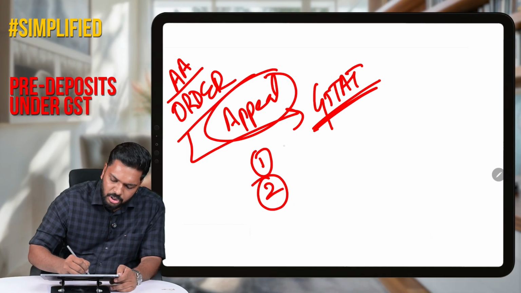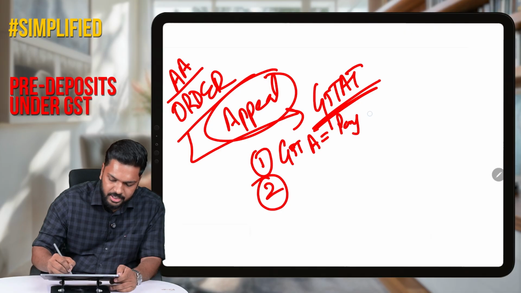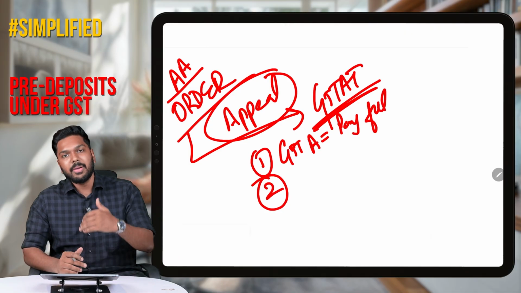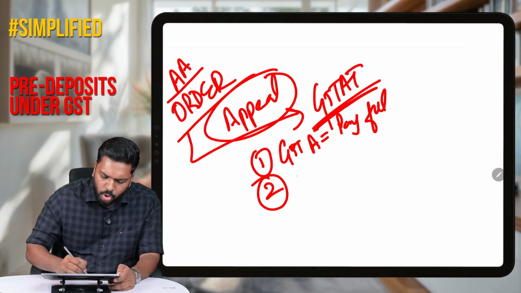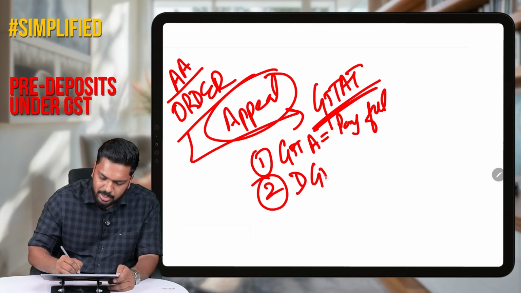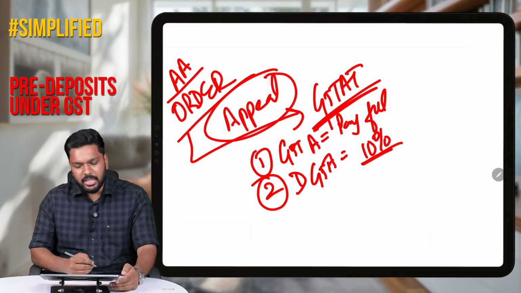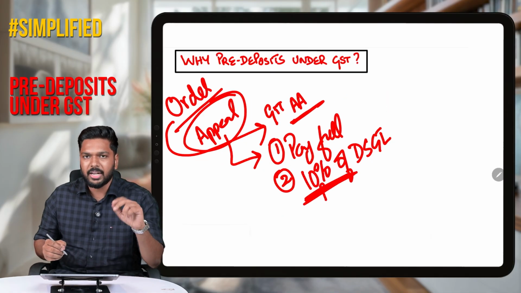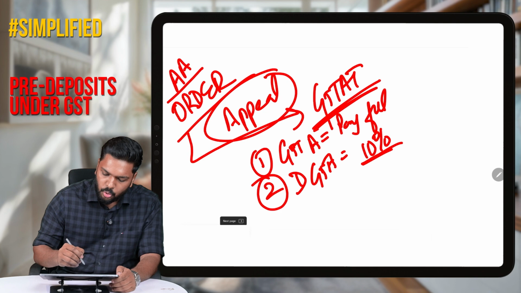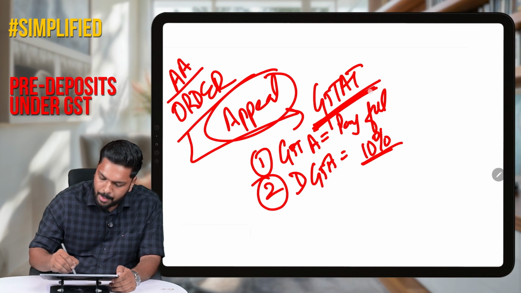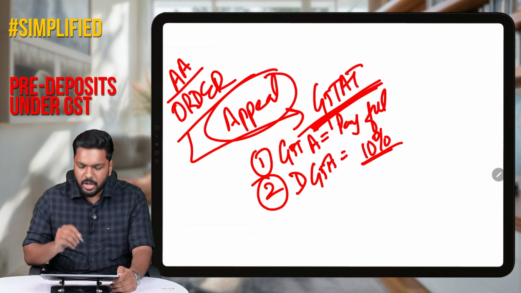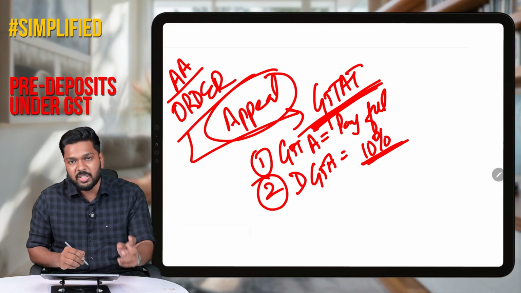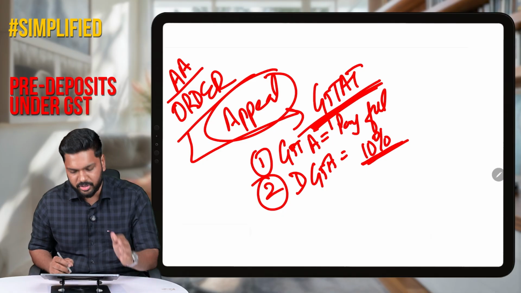Number one, whatever is the GST amount that you have admitted, pay the full amount of admitted GST liability. And number two, whatever is the disputed GST liability, pay 10% as pre-deposit. So in the earlier level, you had a pre-deposit of 10% at the first Appellate level. At the second level also, when you file an appeal before the GST Appellate Tribunal, you also have to pay 10% of the disputed GST liability as a pre-deposit.